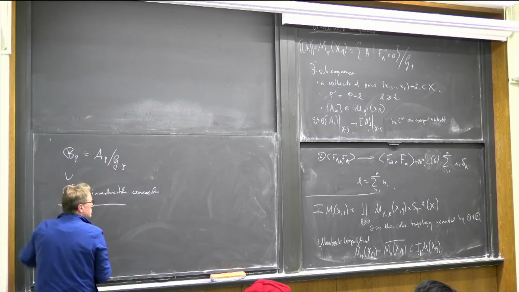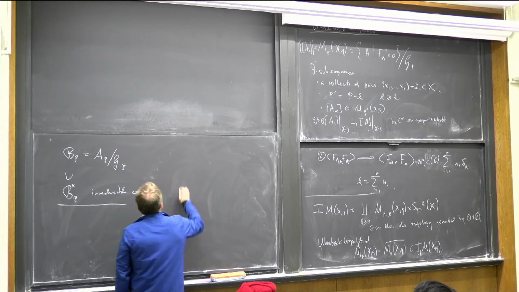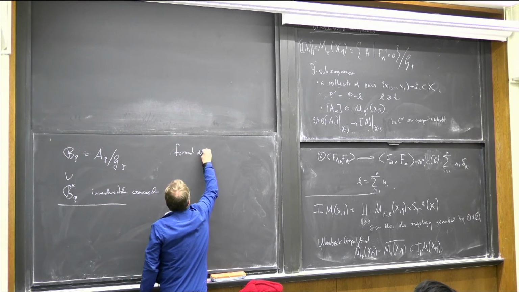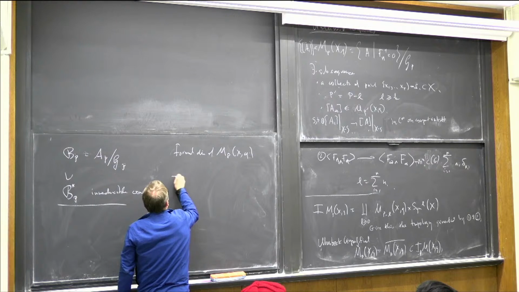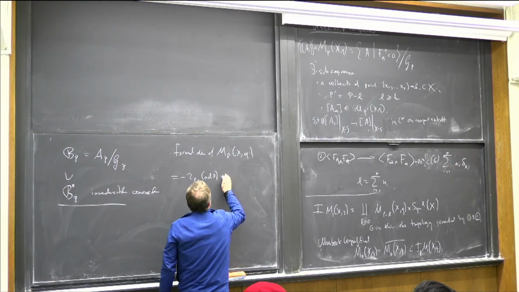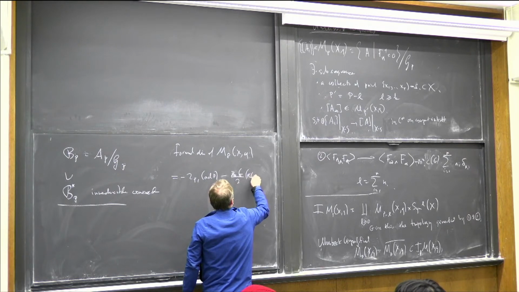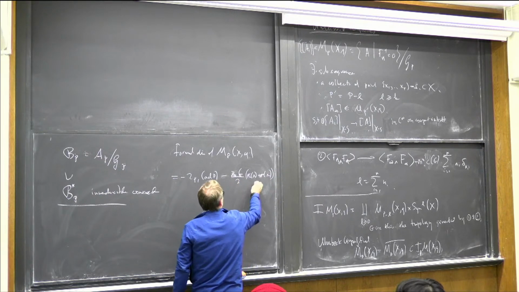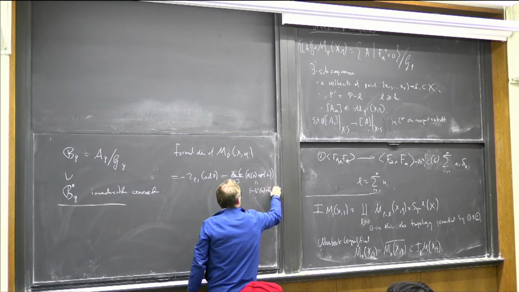And oh yeah, I forgot to say, we had a formal dimension of this M_P of X G, which is equal to minus 2 p1 of ad P minus the dimension of G over 2 times Euler characteristic of X plus signature of X. And this is also 1 minus b1 of X plus b plus of X.